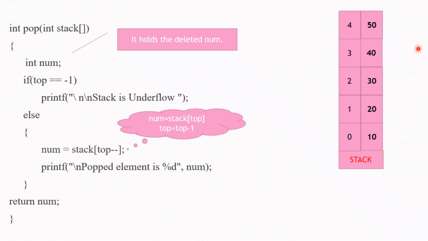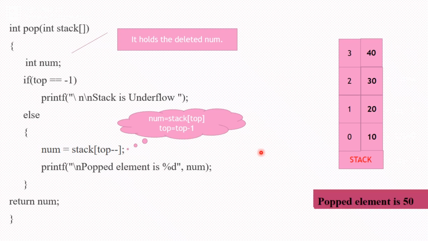Okay, let's see how the pop is going to work again. Initially top is 4, this is the location, so I am going to delete 50 now. Then what happens with the top? When I delete, top gets decremented to top minus 1, so top becomes 3. Now the next deleted element, stack of top contains 40, num equal to 40, top equal to top minus 1.